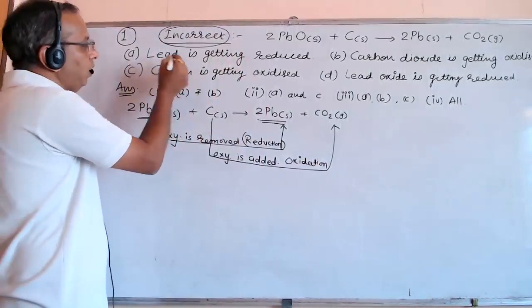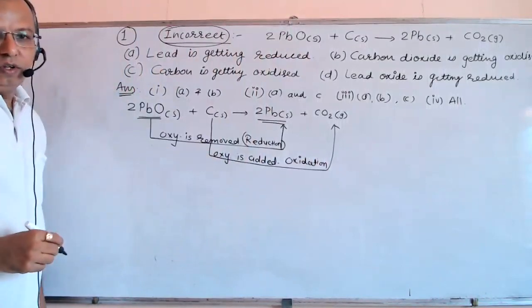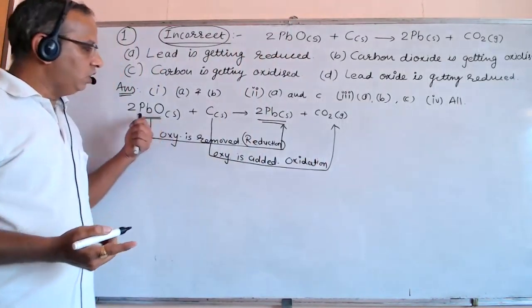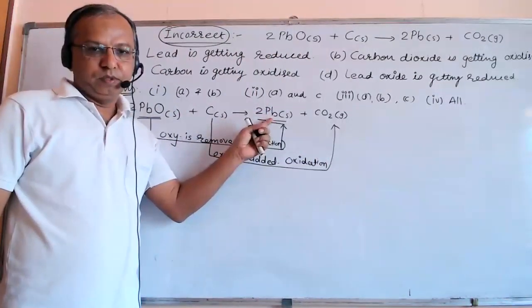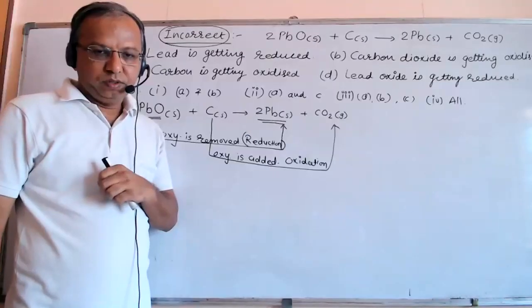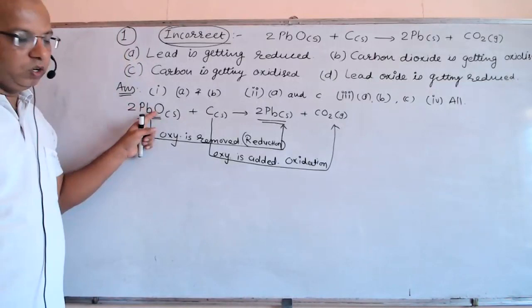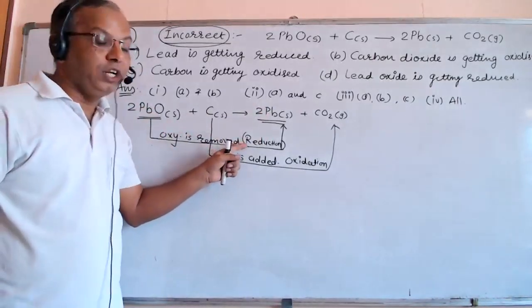The first statement: lead is getting reduced. Friends, in this reaction, lead is on the right side, so lead is a product. You can see lead oxide is converted into lead. So oxygen is removed, it is reduction.